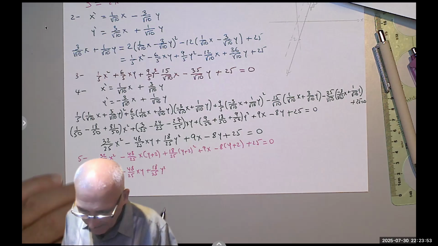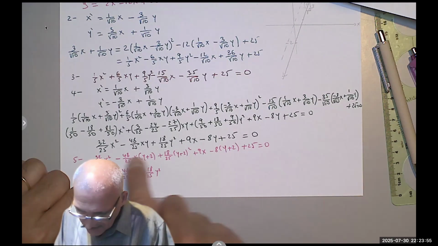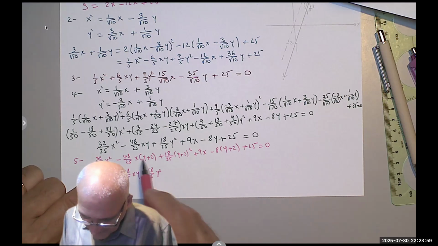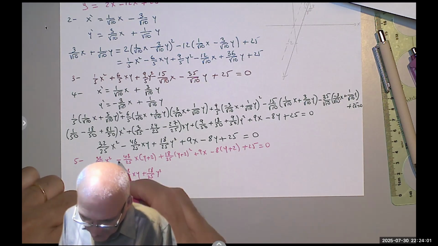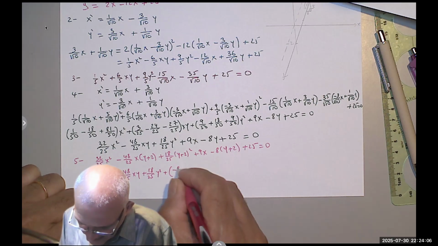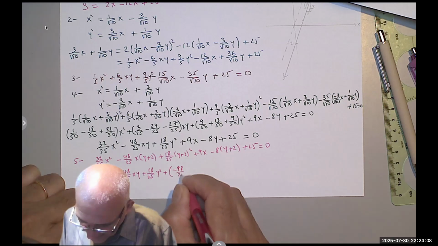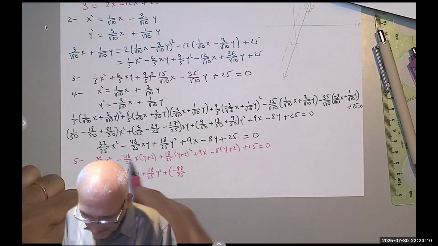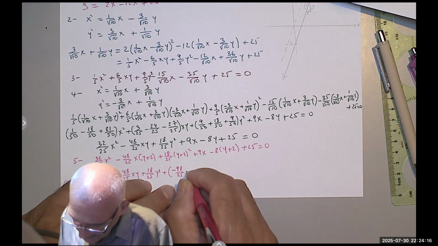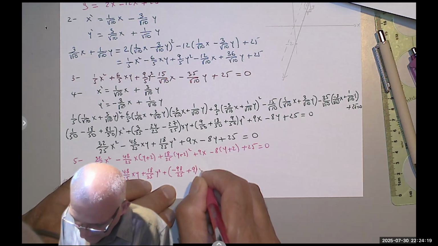Let's see the x. Here you have negative 48 over 25 xy, which stays, but then you have negative 96 over 25 x, negative 48 times 2 times x. This one doesn't have x's. This is plus 9x.